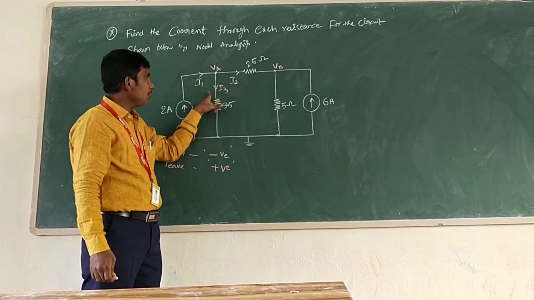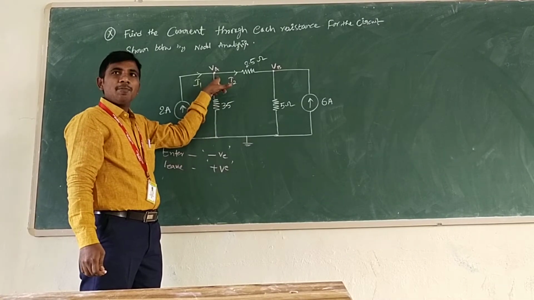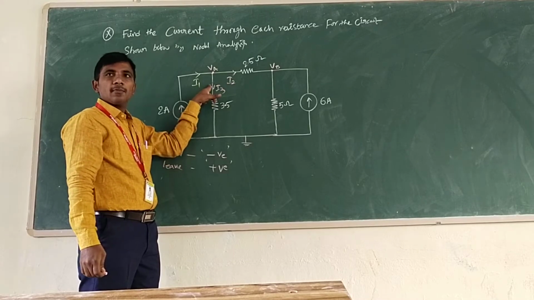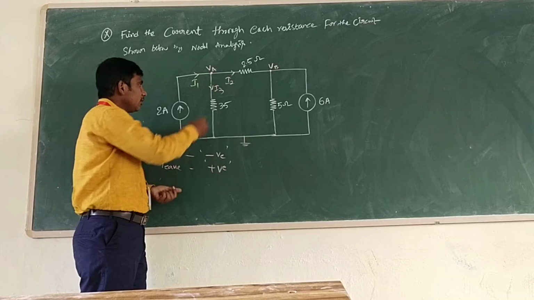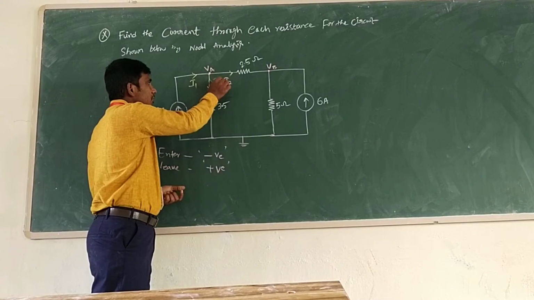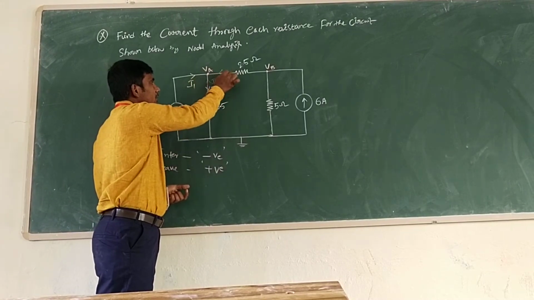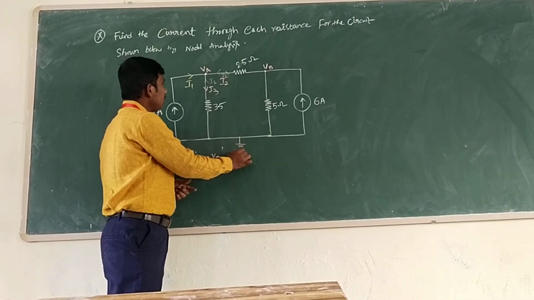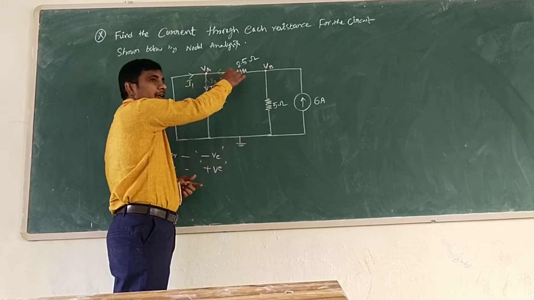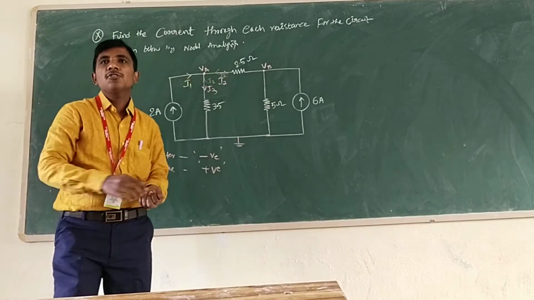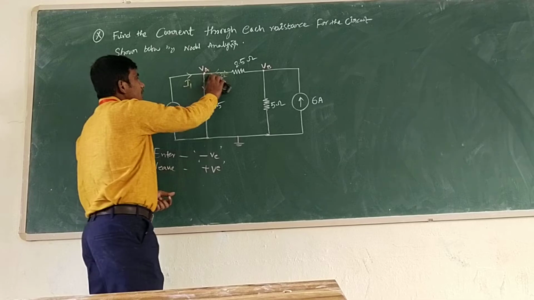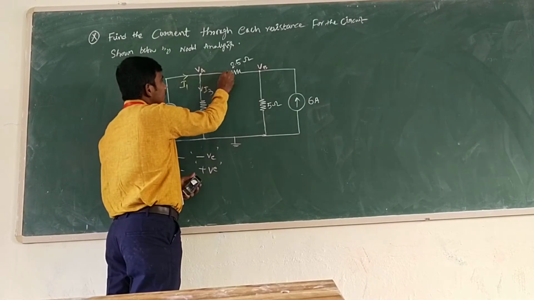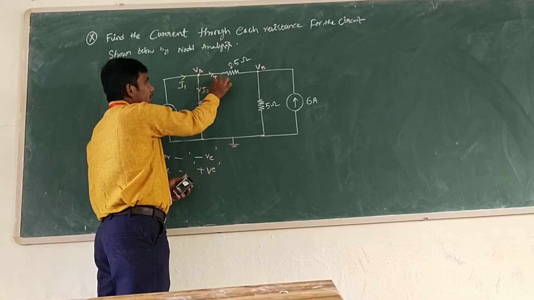If you made the sign direction entering to the junction point or node point A, you can consider negative. Suppose you mentioned that I3 is in this direction and I2 also in this direction, then what we have to write? Minus I1, minus I3, minus I2 equal to 0. But we assume that current direction is in this direction. In the previous problem also we assumed the same direction, I2, I3.